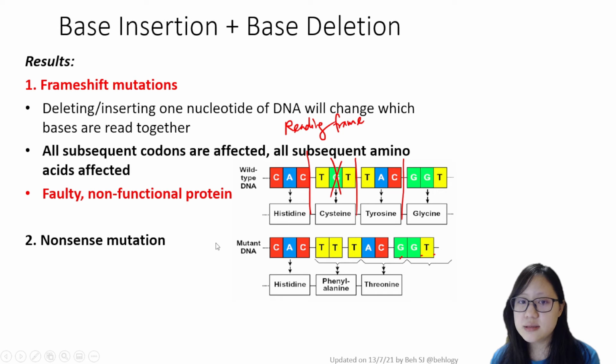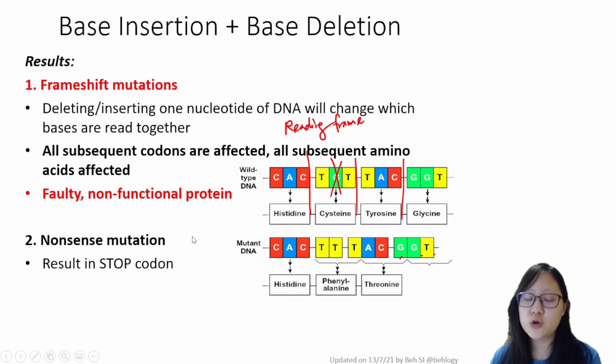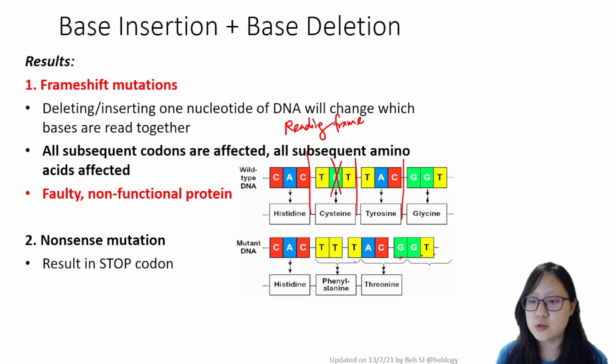And this means that a stop codon could occur, right? Deletion or insertion of one nucleotide could cause the reading frame to shift in such a way that somewhere along the line, a stop codon is reached prematurely.